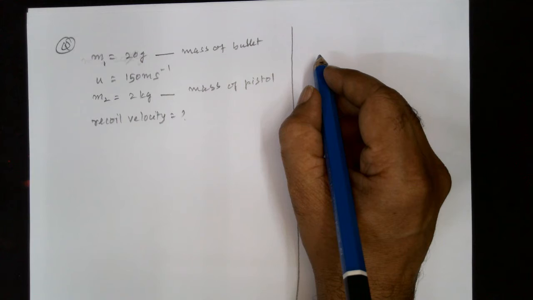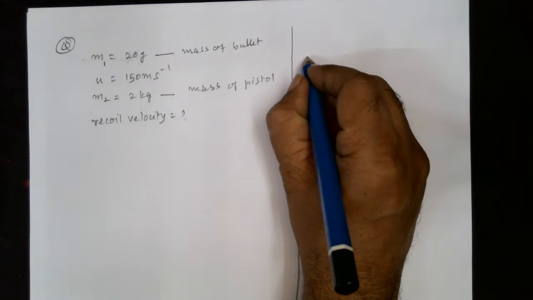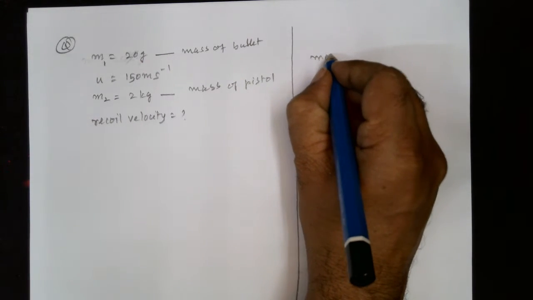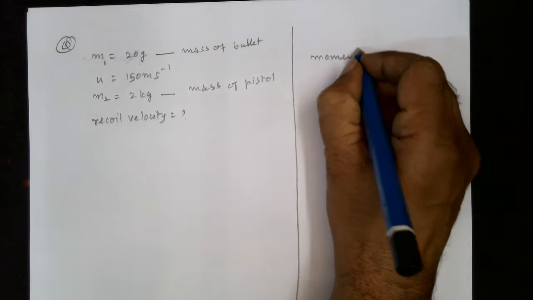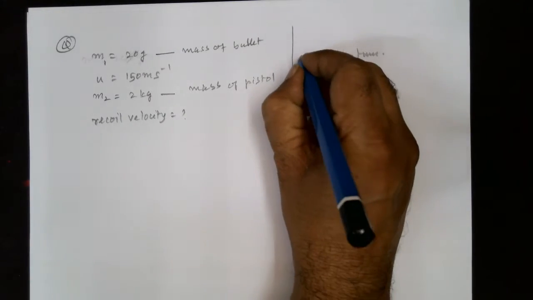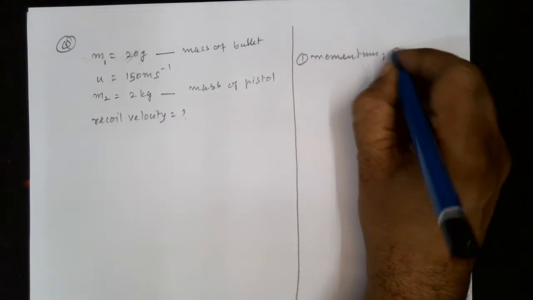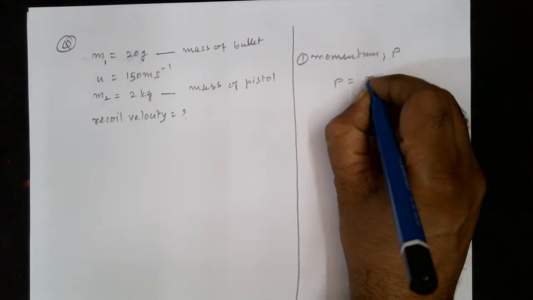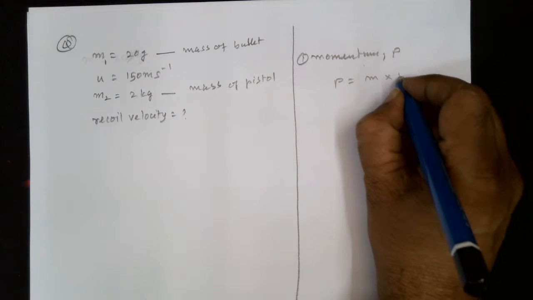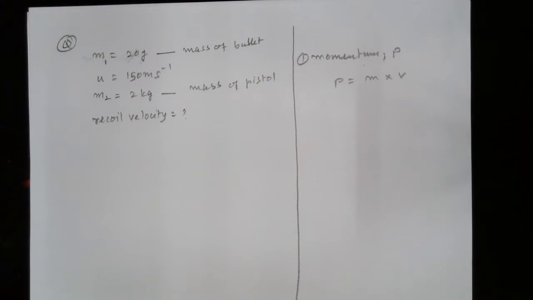So the total momentum, what do you mean by momentum? First of all, tell me. Momentum. This is a concept. Momentum is represented by P. So P is equal to mass into velocity. Is it not? Mass into velocity.